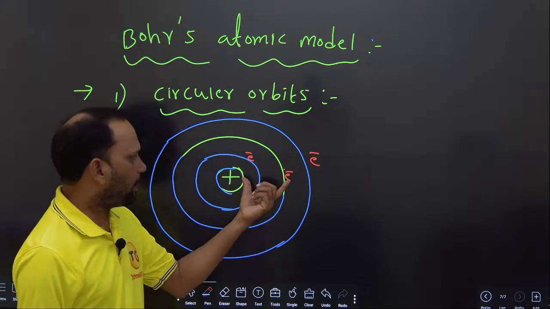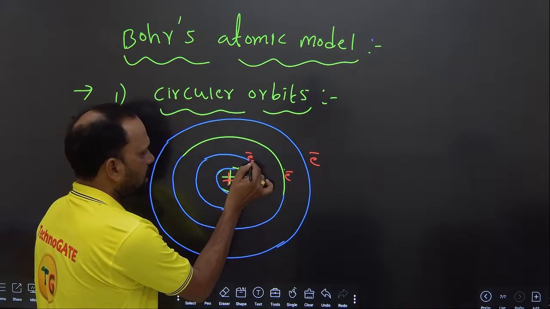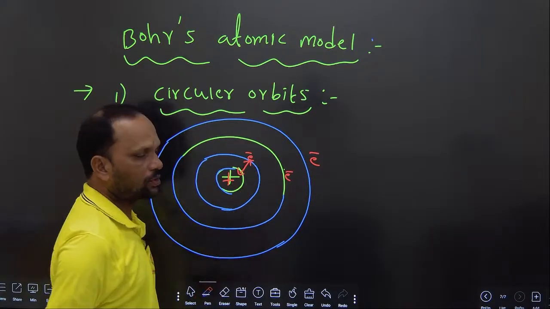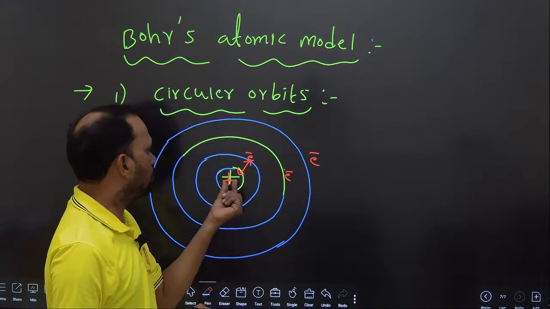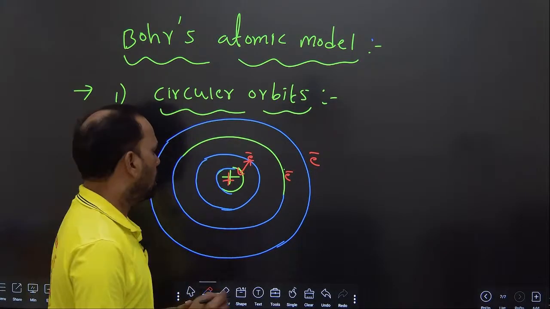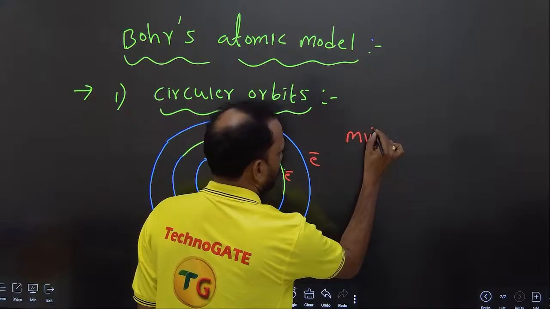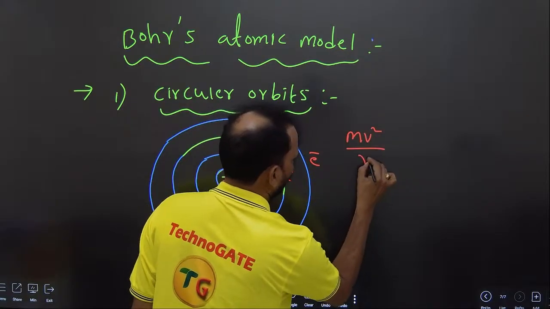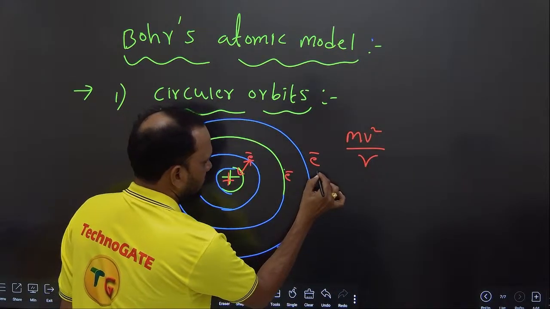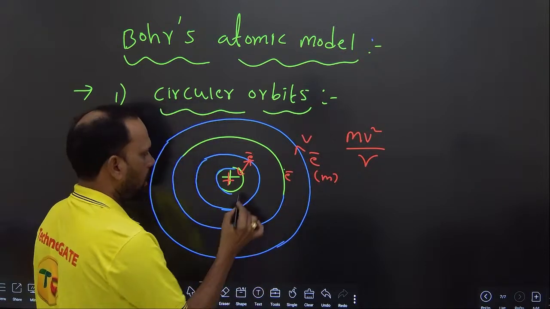Here the centripetal force, this is the nucleus and this is an electron, is the electrostatic force between the nucleus and the electron. That is already covered in electrostatics. And the centrifugal force is mv square by r, because the electron has some mass and moves with some velocity and radius.